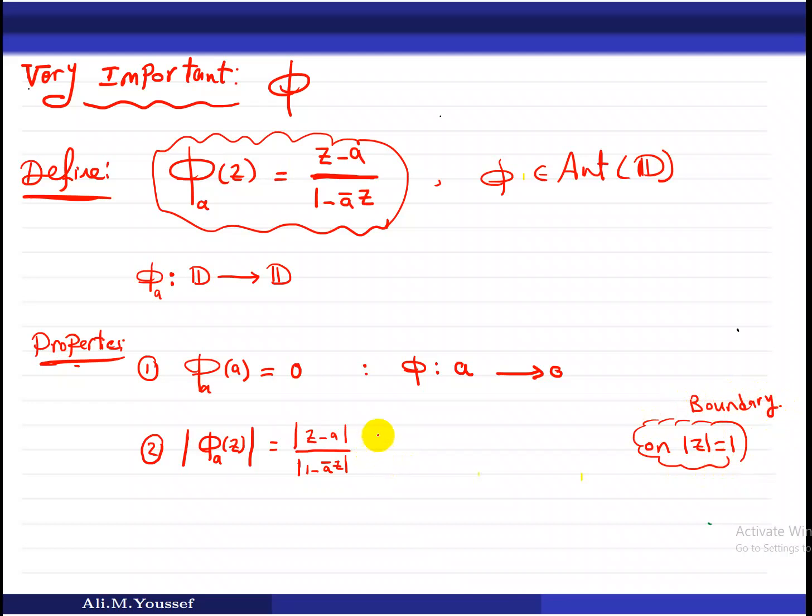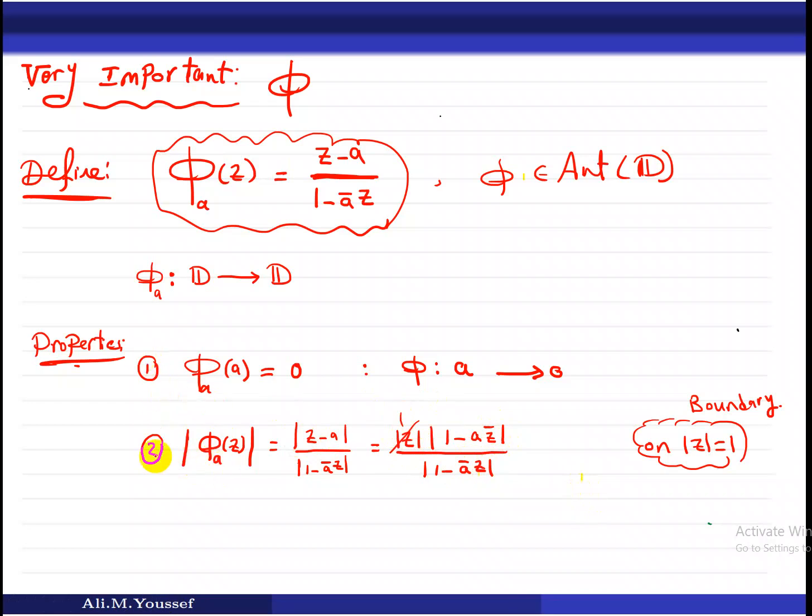If we take z outside, we get the modulus of (1 minus a z conjugate) over (1 minus a conjugate z), because the modulus of z is equal to 1 on the boundary.